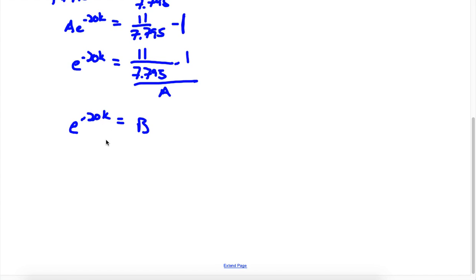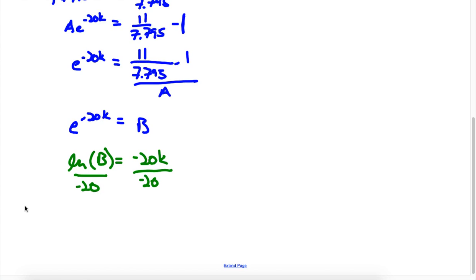I can rewrite this as a log. So I'm going to take the log base e, and the log base e is just natural log, right? So we're going to say natural log of B equals negative 20k. Finally, divide both sides by negative 20.